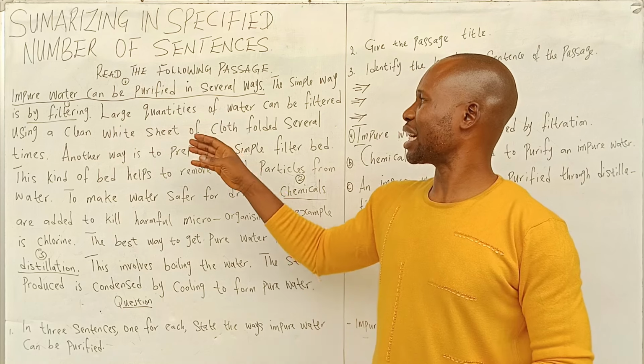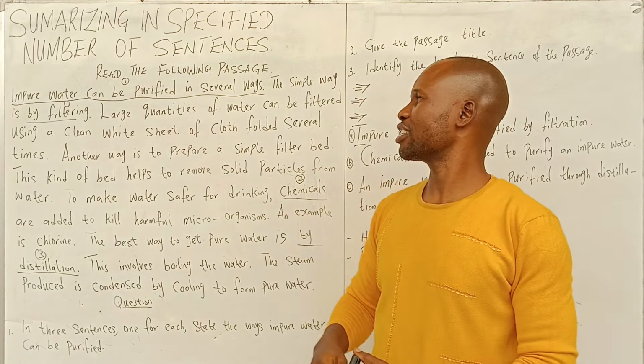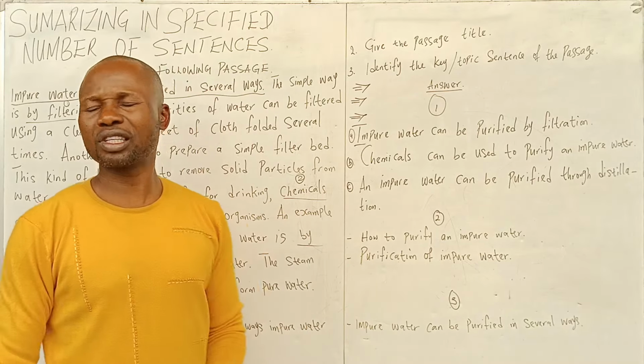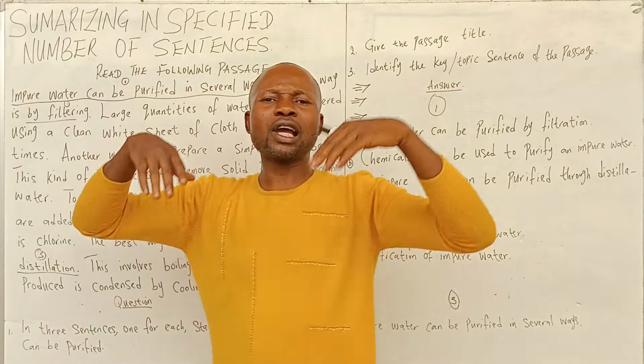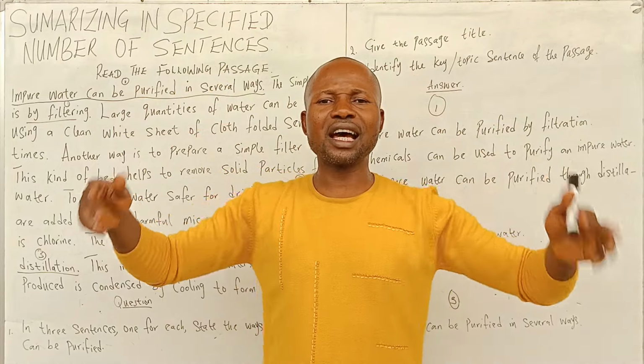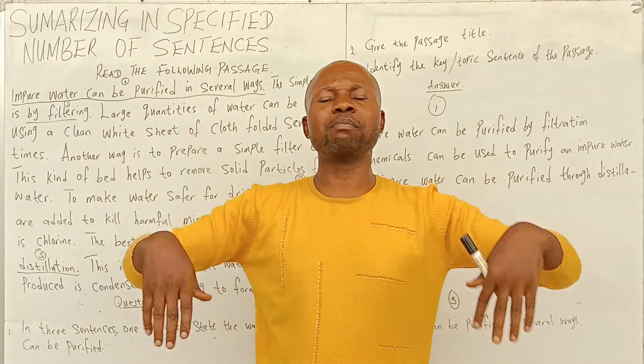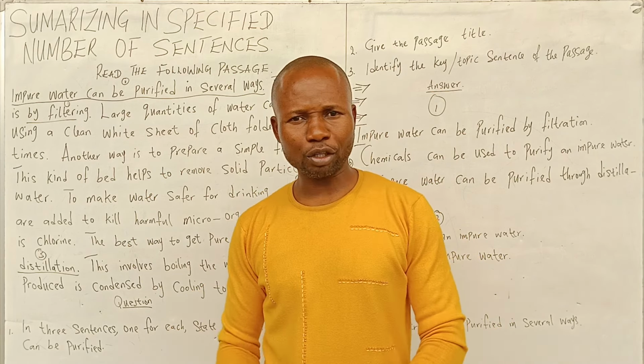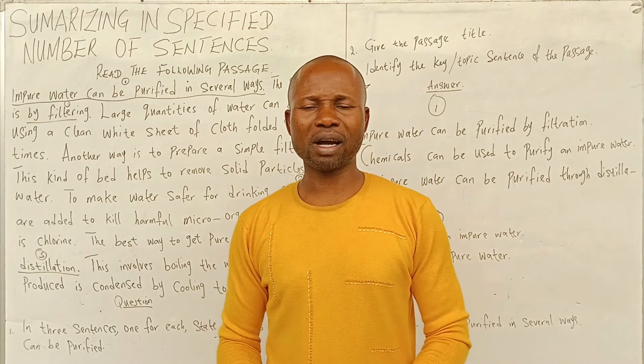So when it concerns identification of a topic sentence, like in this one now, impure water can be purified in several ways. This is our topic sentence, and that is what I have stated in this place. Because what are those ways that an impure water can be made pure? Number one, by filtering. Number two, by adding chemicals. Number three, by distillation.